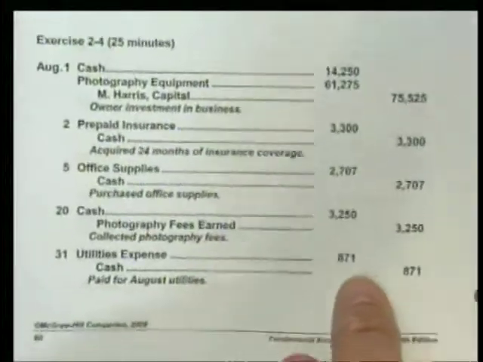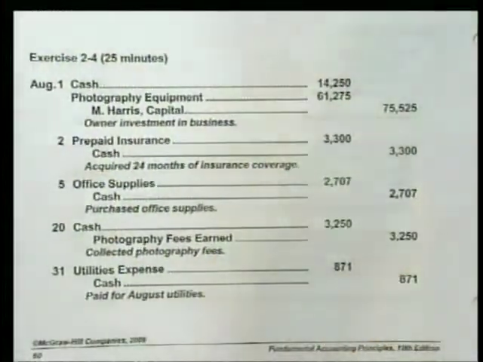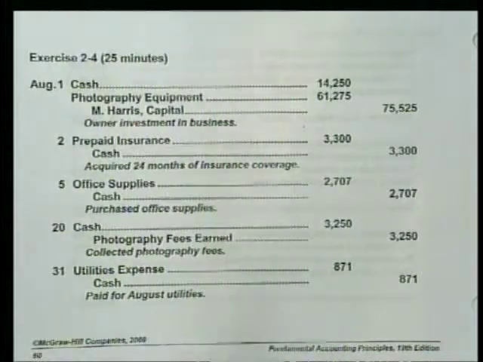Here's what I want to do then. Go to exercise 2.5. I want you to open up a T account for each one of these accounts, and if you use your work papers, you should already have this in the back of your book, and I want you to post these.